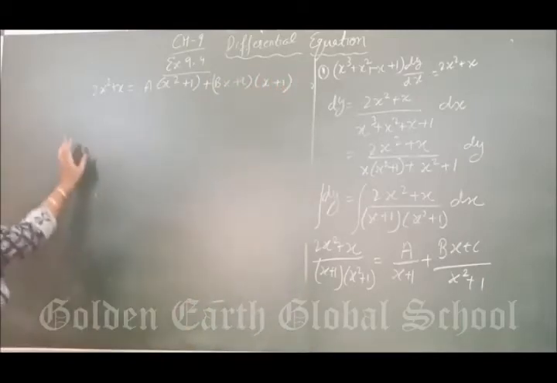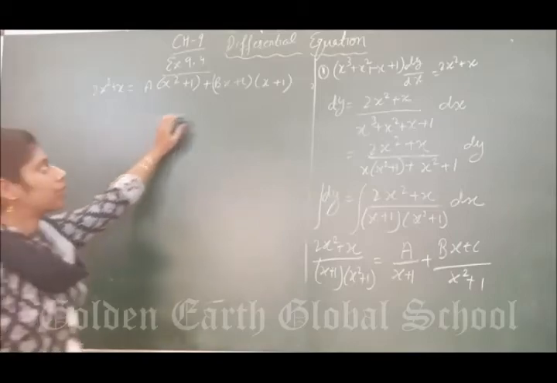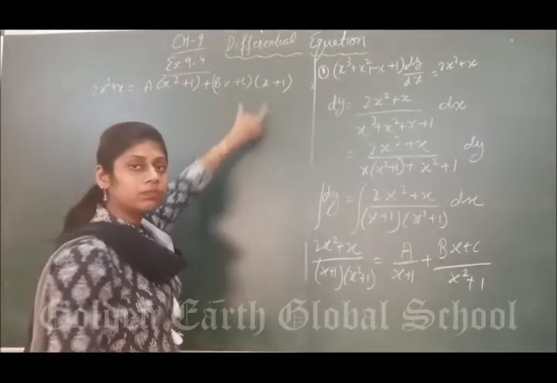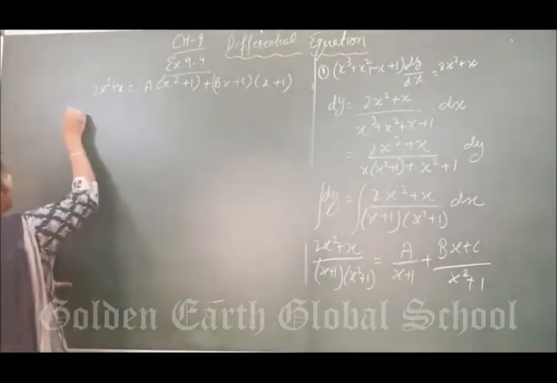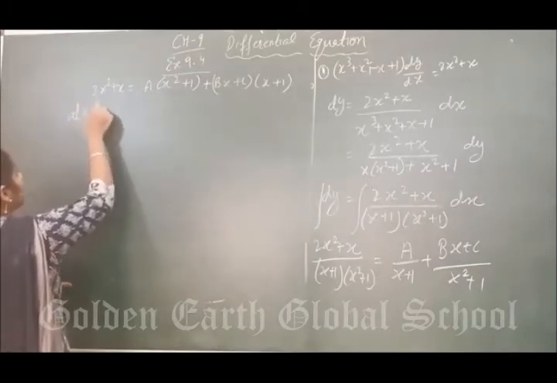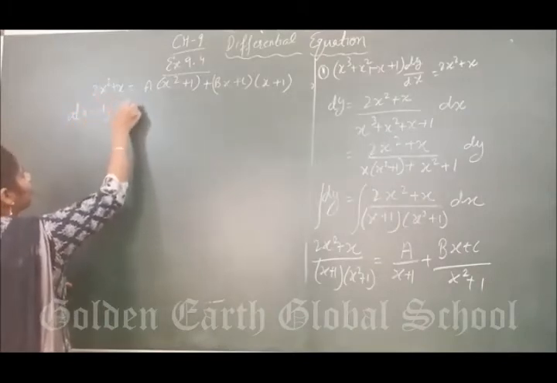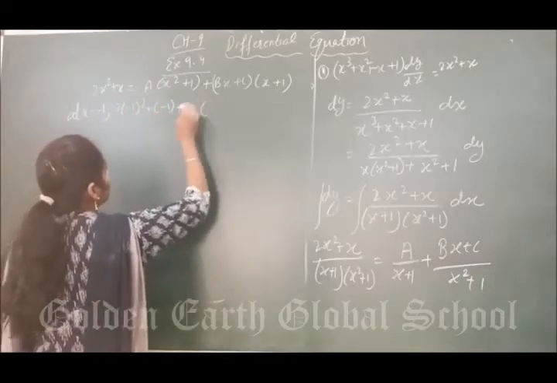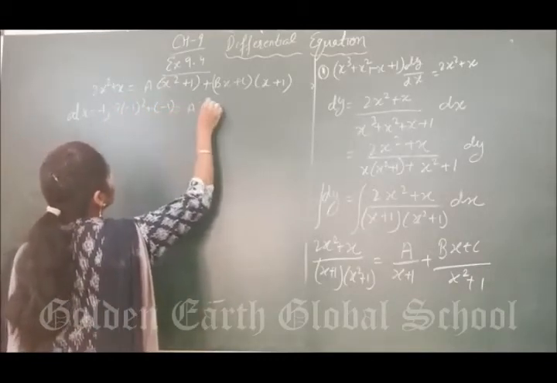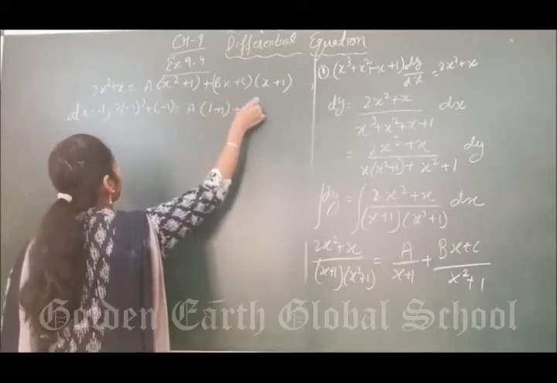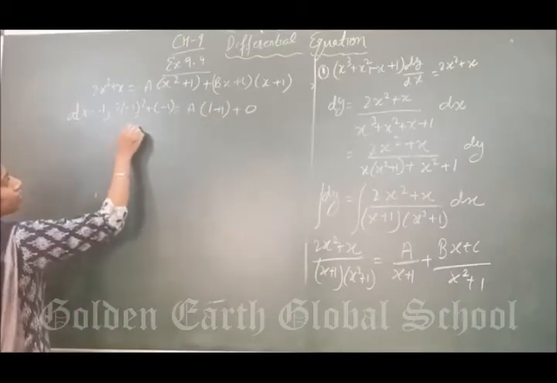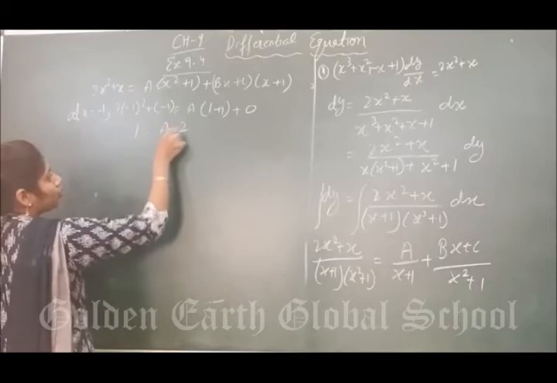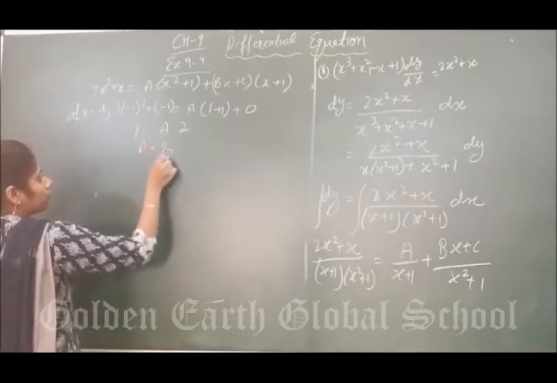First of all, put x equals minus 1 because this term will become 0. At x equals minus 1, 2 into (minus 1)² plus minus 1, and this term will become 0. 2 minus 1 is 1, equals A into 2, so A equals 1 by 2.